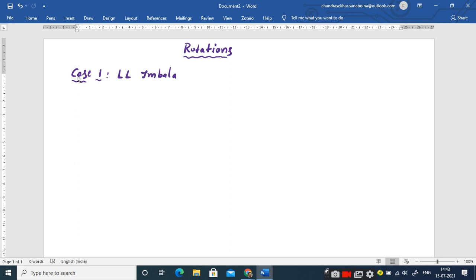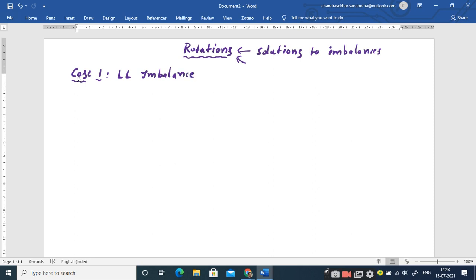So these rotations, as I told, are solutions to the imbalances. We can also say that these are the rebalancing factors, a rebalancing thing, right? So LL imbalance, this is the first imbalance we have told.